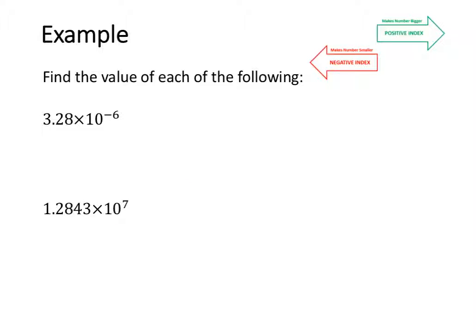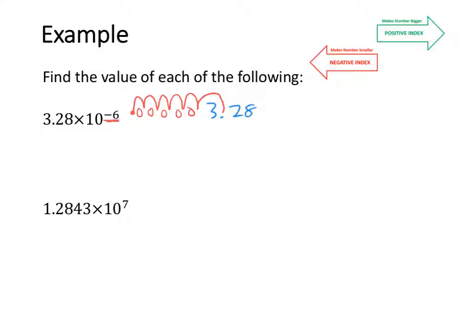So again, finding the value of the following: 3.28 times 10 to the power of negative 6. I write my number 3.28, and then this time I'm going to move it 6 places to the left because I've got a negative index. So moving my decimal place 1, 2, 3, 4, 5, 6, and filling in any empty spaces with a 0.